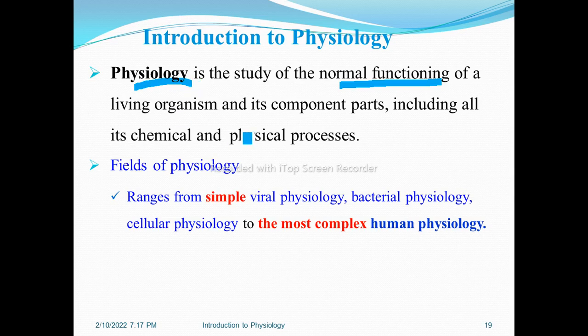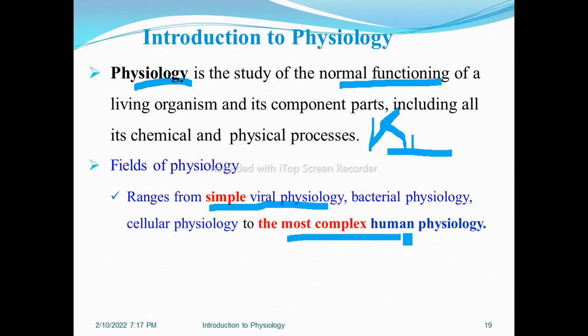In general, physiology is known as natural knowledge. That means it studies the natural processes of our body. The fields of physiology range from simple viral physiology to the most complex human physiology.